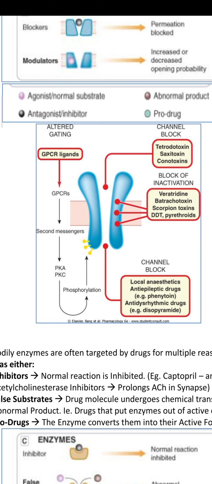Next is channel blocks. Channel blocks are done by local anesthetics, anti-epileptic drugs such as phenytoin, and anti-dysrhythmia drugs, for example disopyramide.